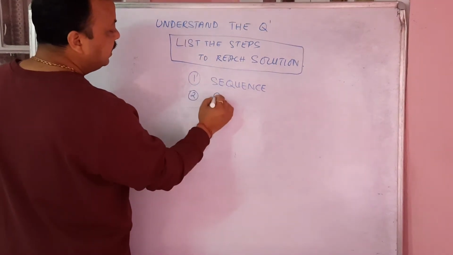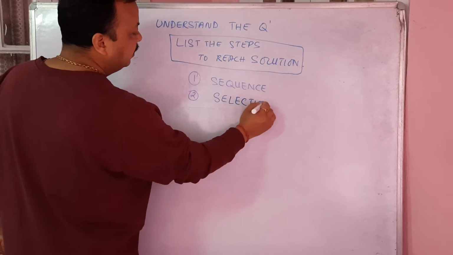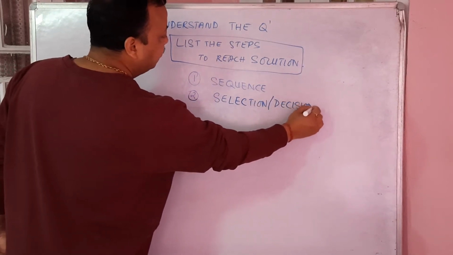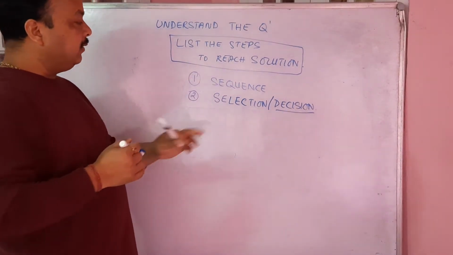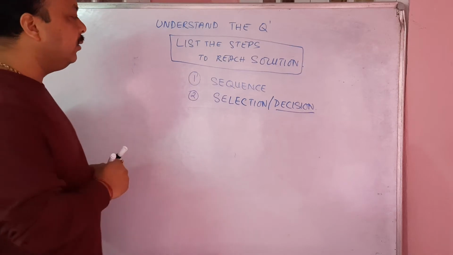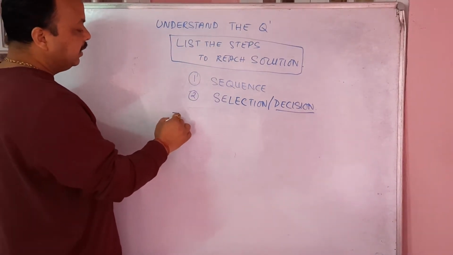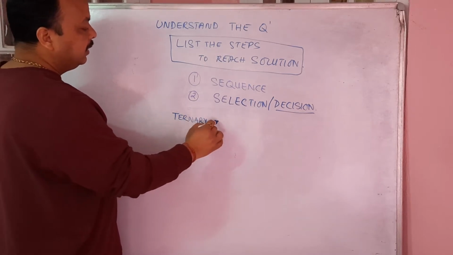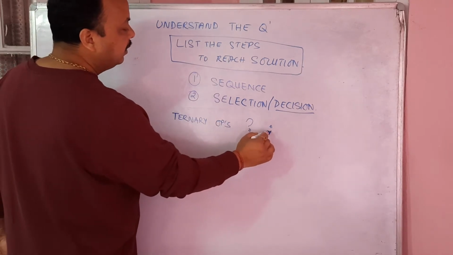Number two is selection. Selection is popularly known as decision. One of the techniques you have already experienced earlier when we discussed ternary operators. If you remember, ternary operators are those operators which are the question mark and colon.